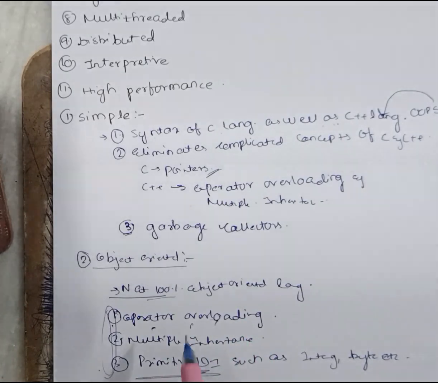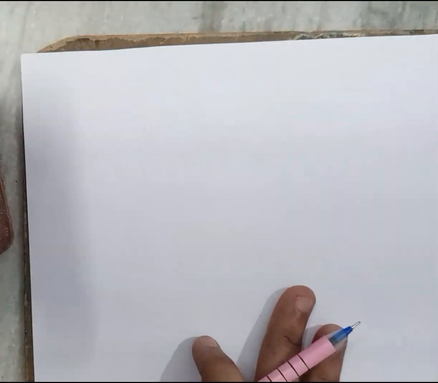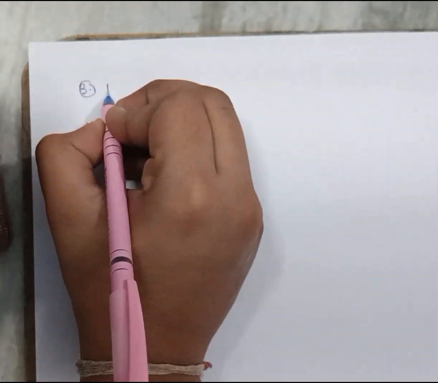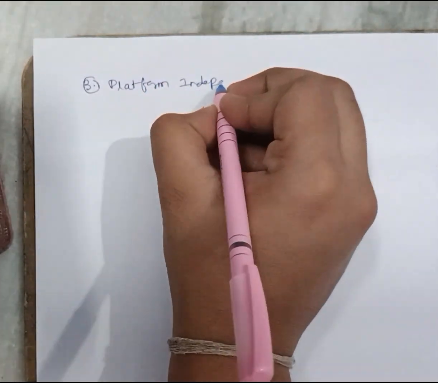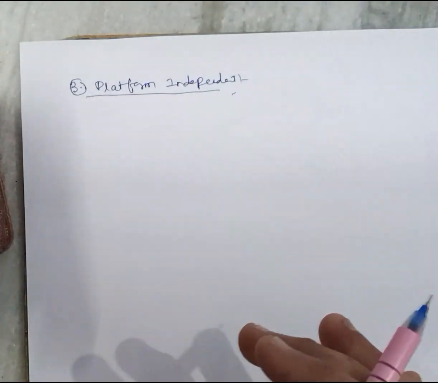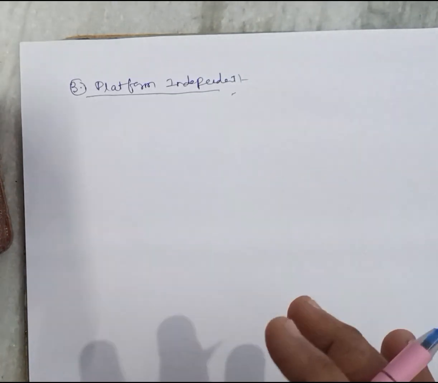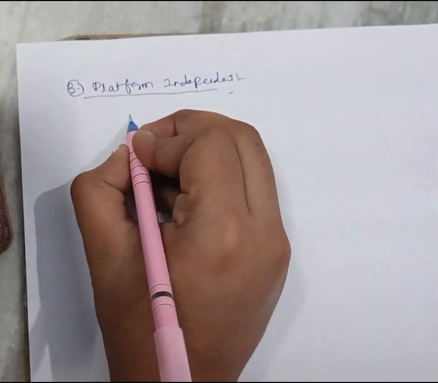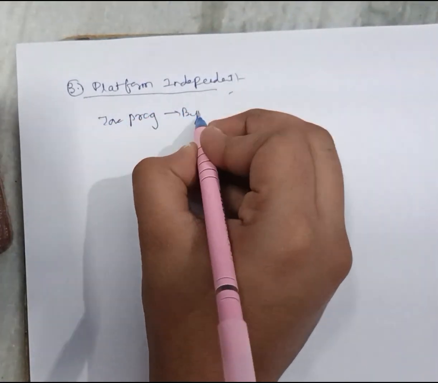The next one is platform independent. Let's see how Java is a platform independent programming language. We know that a Java compiler compiles a Java program, so the Java compiler translates our Java program to bytecode.